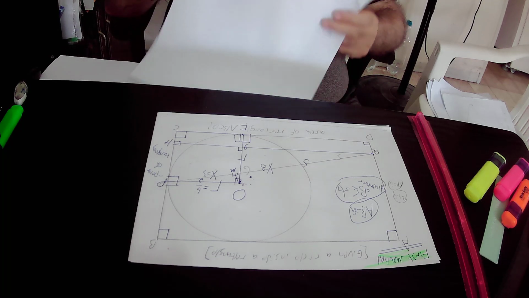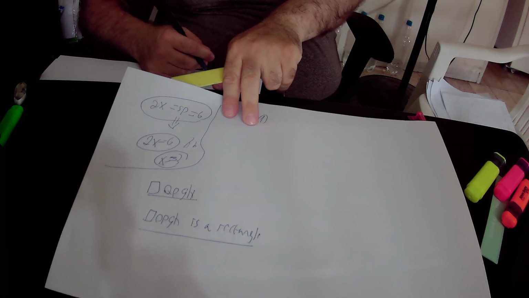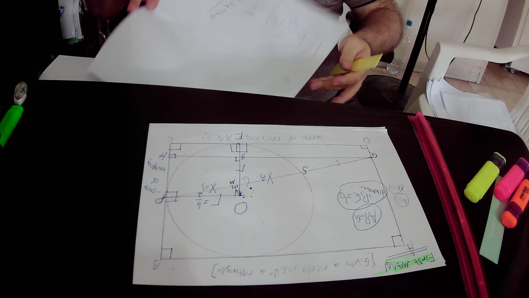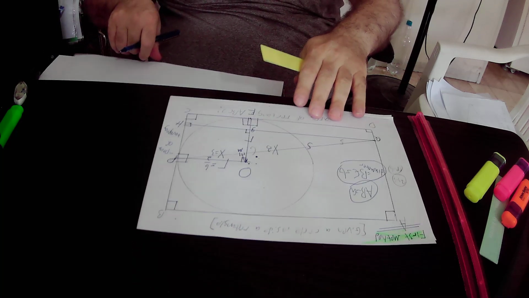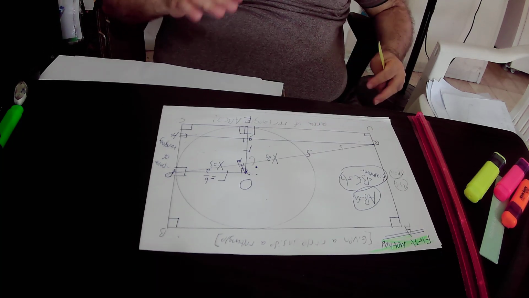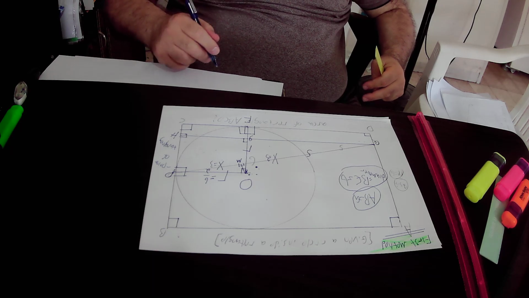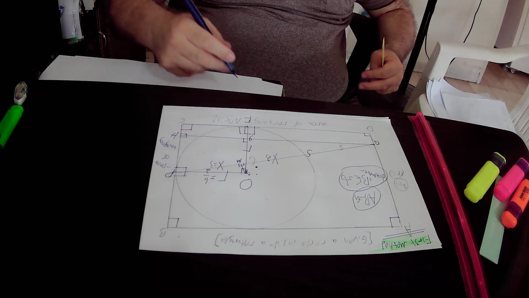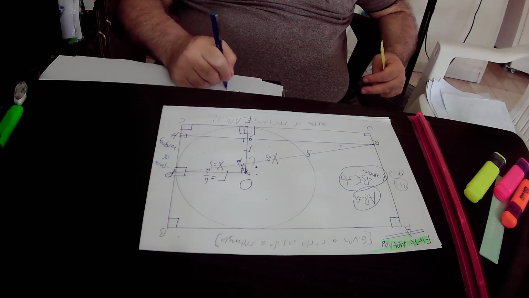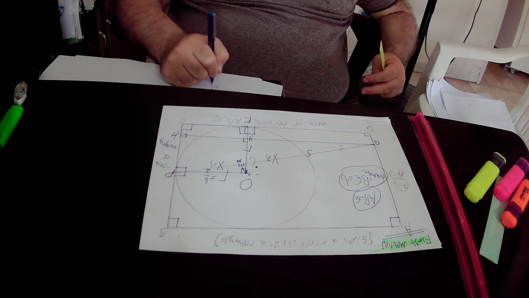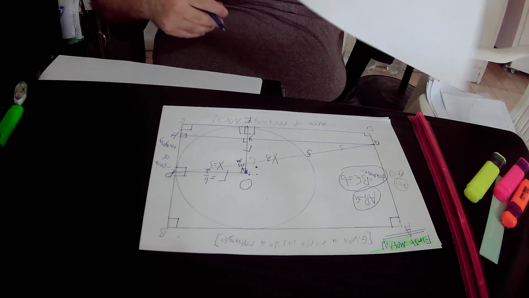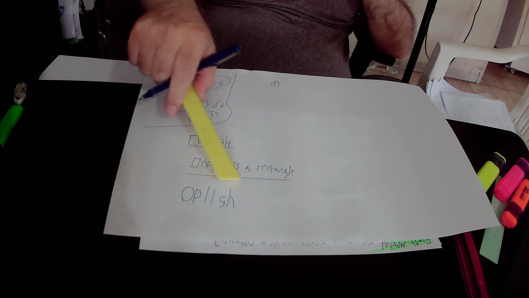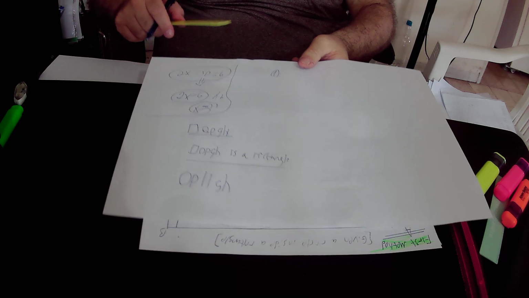And we also have the rule that the opposite sides of a rectangle are parallel to each other. That is to say, side QP is parallel to side GH. According to the rule that the opposite sides of a rectangle are parallel to each other, we get that side QP is parallel to side GH.